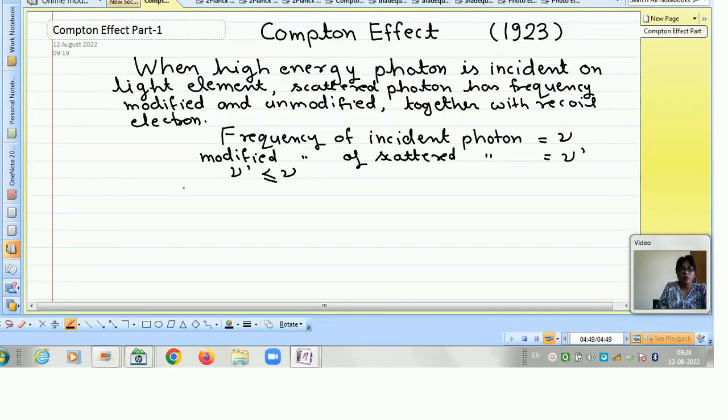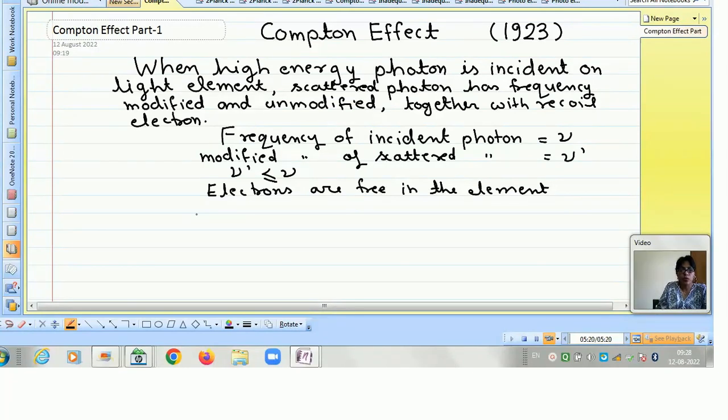When photons are incident on a light element, we assume that the electrons are free in the element. So it is like a collision problem between a photon and an electron.